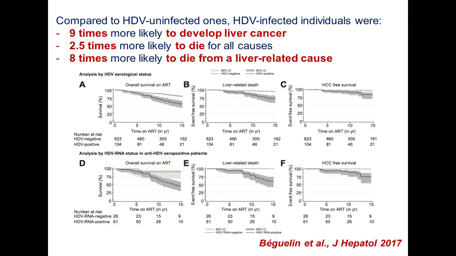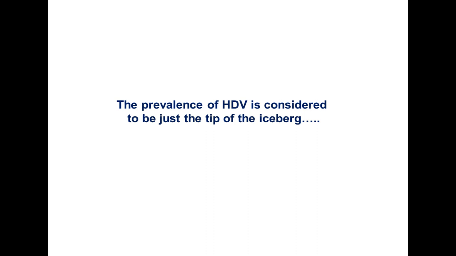Again, HDV infection is associated with a higher risk of dying from end-stage liver disease, but also with a higher risk of dying from all causes. The HDV seroprevalence we have just described can be considered the tip of the iceberg, and this is mainly due to a low rate of HDV testing.